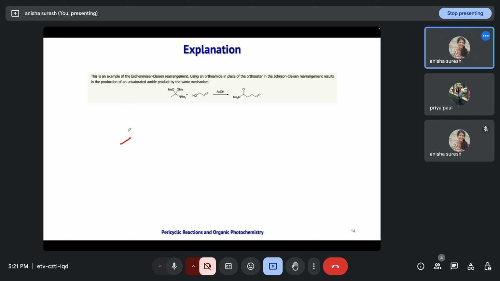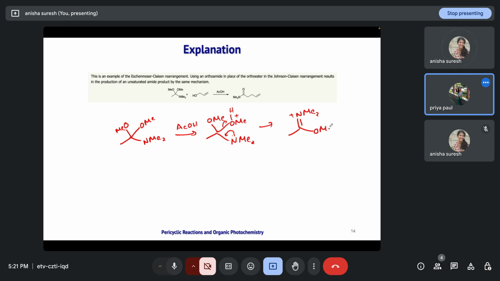So OMe, NMe2 in the presence of acetic acid, one of the OMe will get protonated and it will get removed, resulting in the formation of this iminium ion. Okay.